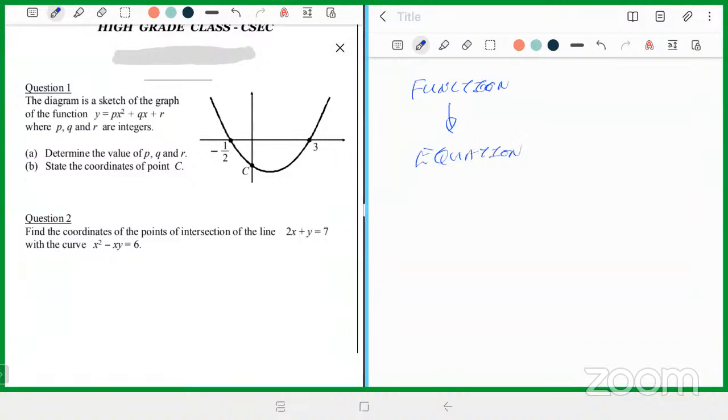The function is the whole thing, for example y equals ax squared plus bx plus c. In this case it is p, q, and r, but it doesn't really matter; we're just working with the standard we normally use in class. The equation is what you use to find the roots, and the equation is when the expression is equal to 0. So the function gives the entire graph, but the equation gives the roots.